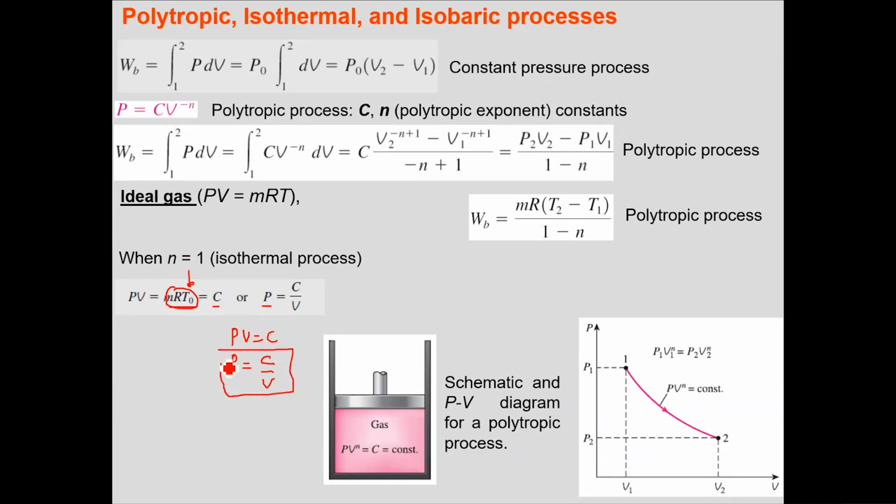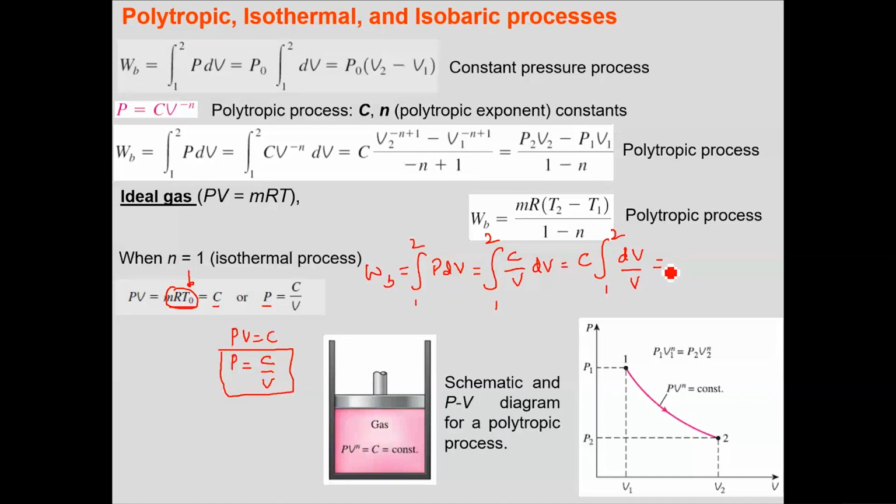If I have this expression and I know that the boundary work is the integral from 1 to 2 of P dV, instead of P I can write C over V. So I can integrate from 1 to 2 of C over V dV, and C is a constant, so I can bring it outside and write the integral from 1 to 2 of dV over V.